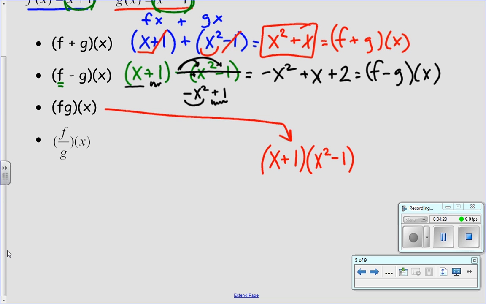Well, what is x times x squared? X cubed. What is x times negative 1? Negative 1x, right? 1 times x squared? That's just x squared. And the positive 1 times the negative 1?